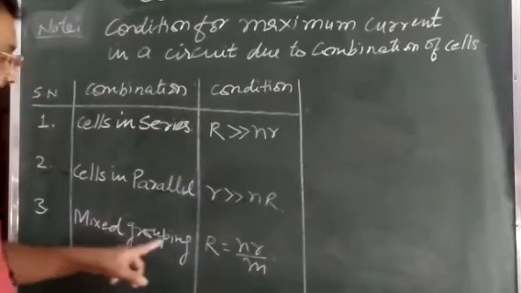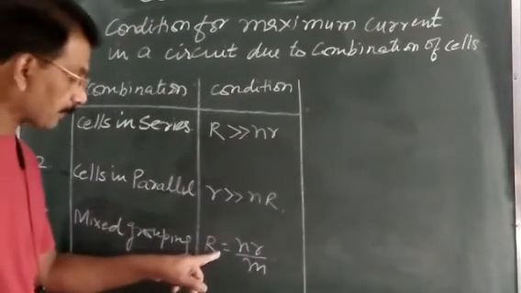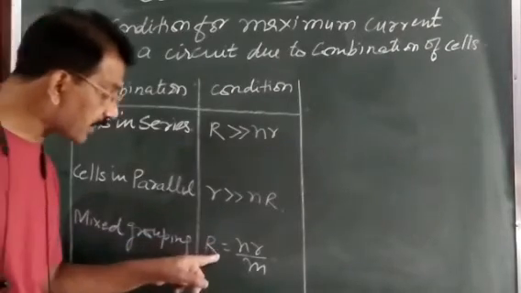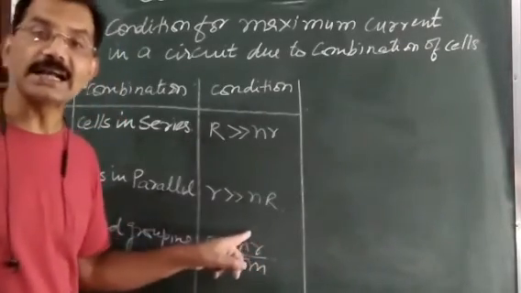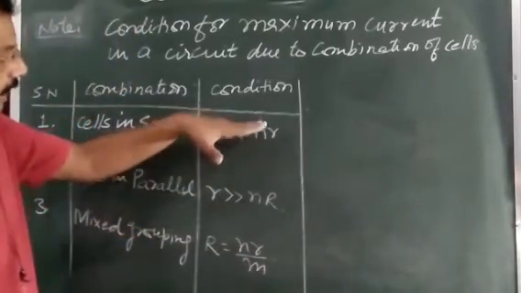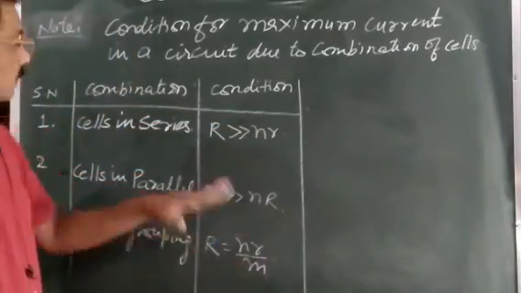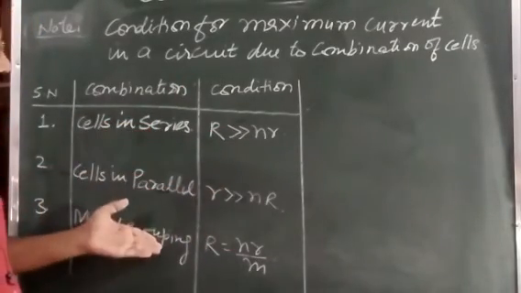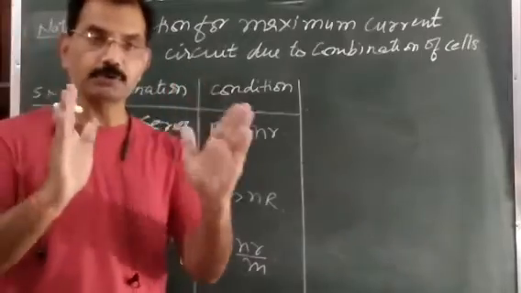And we prefer the mixed grouping when the external resistance is equal to the total internal resistance of the cells. These are the conditions for getting the maximum current in the circuit. Dear student, always remember this.